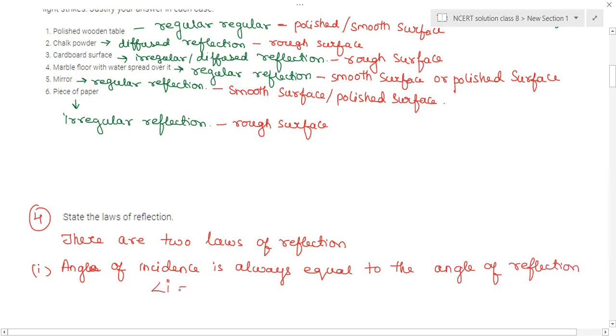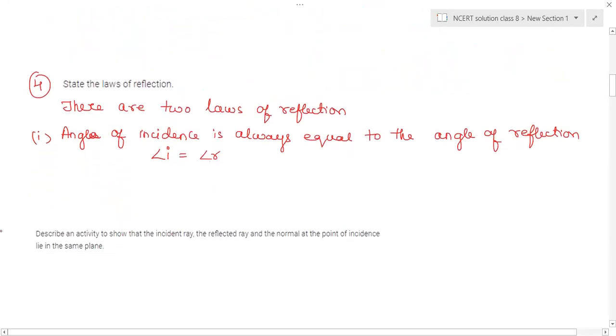Angle I is equal to angle R, right? I think we all remember this by now. We have read this in 6th, 7th, and 8th as well.